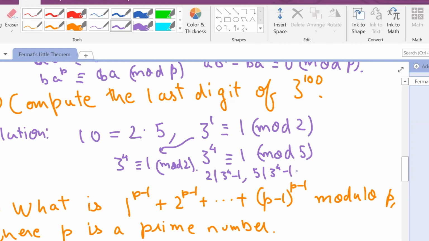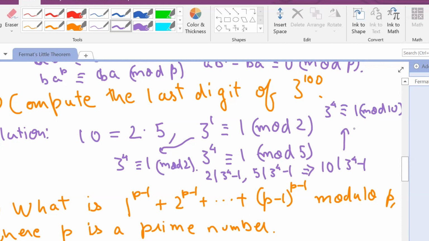1, right? Now, we have from our experience with number theory a theorem wherein if A divides C and B divides C with the GCD of A and B being 1, then AB divides C, right? So the product of these two has to divide 3 to the 4 minus 1. And so what we have essentially shown is that 3 to the 4 is congruent to 1 mod 10.